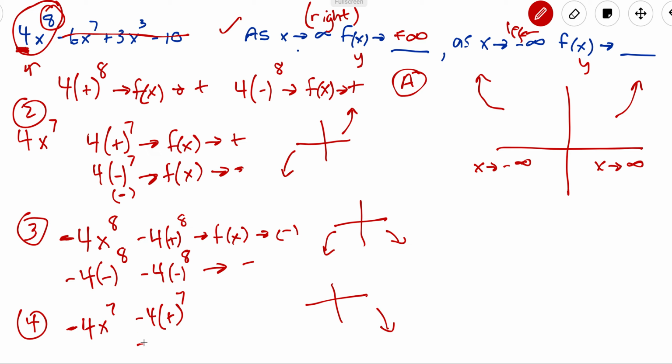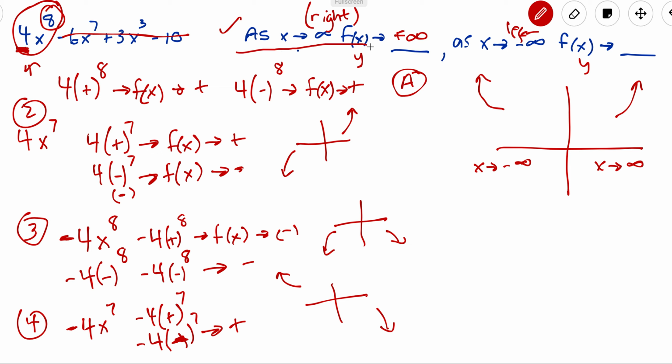But if I put in a negative number to the 7th power, a negative to the 7th power is negative, but then if I multiply that times negative 4, it's going to be positive. So as x approaches negative infinity, the y would be approaching positive infinity. So these are the 4 possibilities.